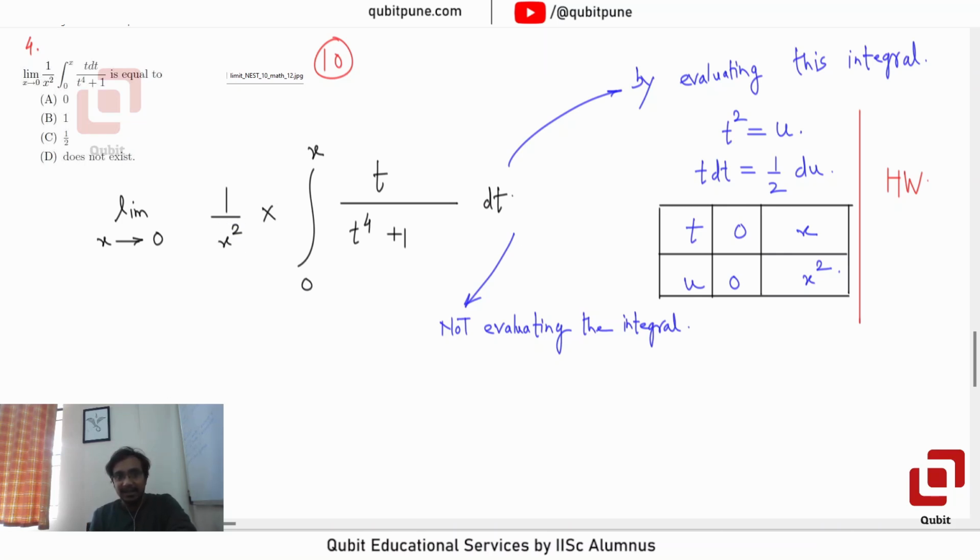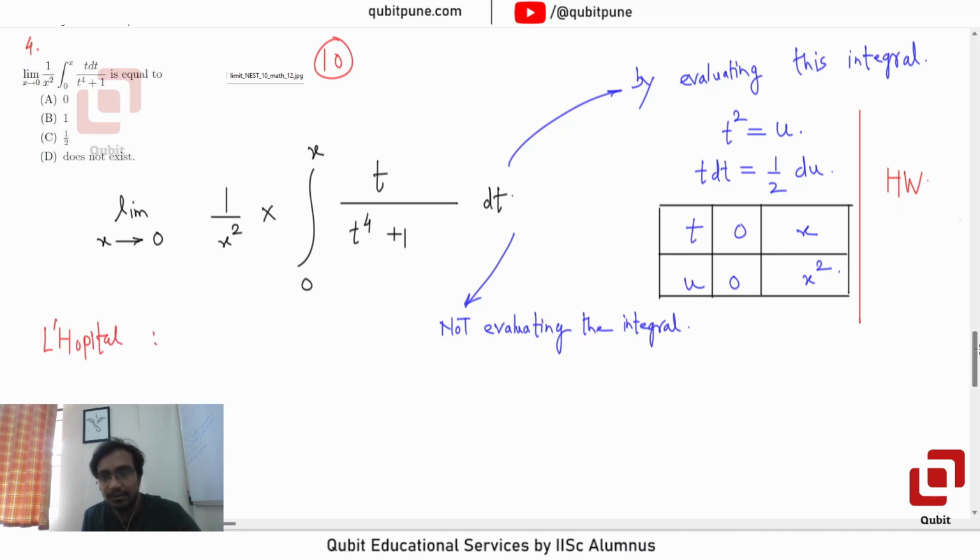That is a clear indicator that we should be going for L'Hospital's rule, if at all it applies, right? If we choose 0 here, then we'll get 0 there, but also that will make the limits on the definite integral same, and therefore it will be in the 0 by 0 form, and therefore L'Hospital's rule is applicable.